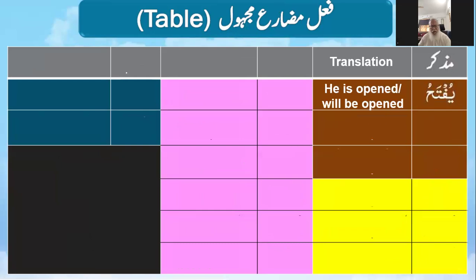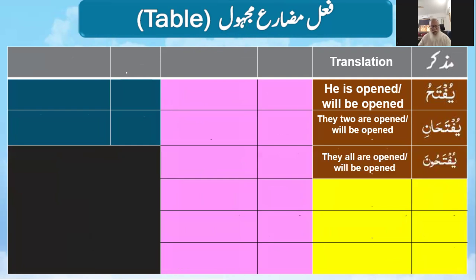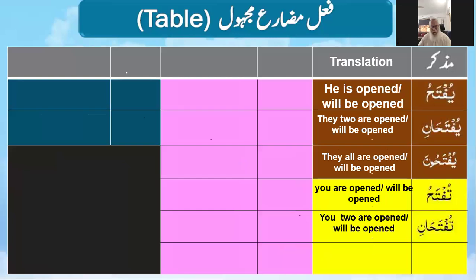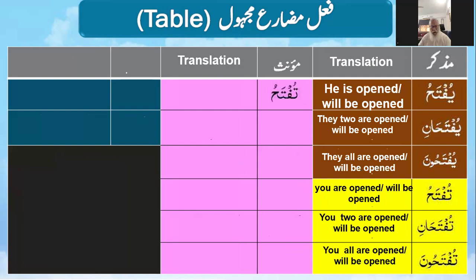Yuftahu, he is opened or will be opened. Yuftahani, they two are opened or will be opened. Yuftahuna, they all are opened or will be opened. Tuftahu, you are opened or will be opened. Tuftahani, you two are opened. Tuftahuna, you all are opened. What about the feminine? Tuftahu, she is opened or will be opened.